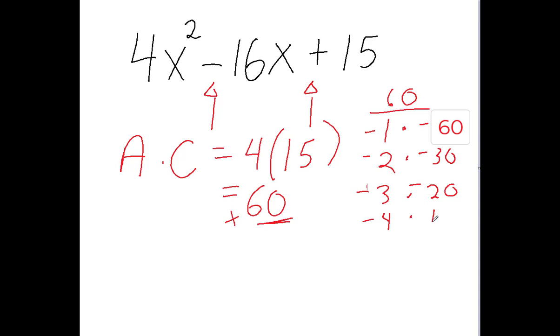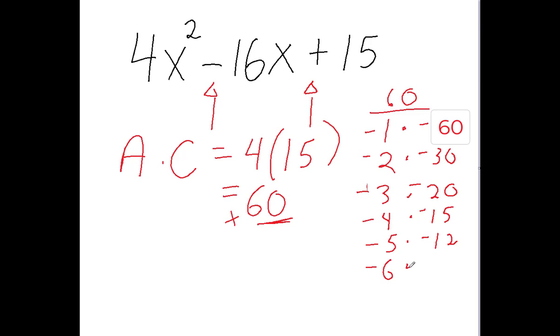Negative 4 and negative 15 will multiply to positive 60, but add to negative 19. So I'm getting closer, but I'm not there yet. Negative 5 and negative 12. That multiplies for positive 60, but adds to negative 17, so I'm really close.